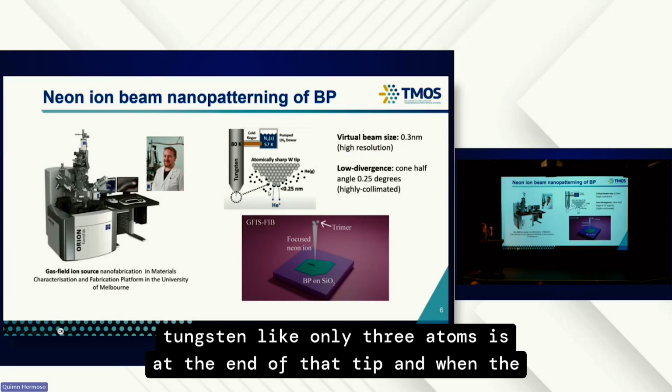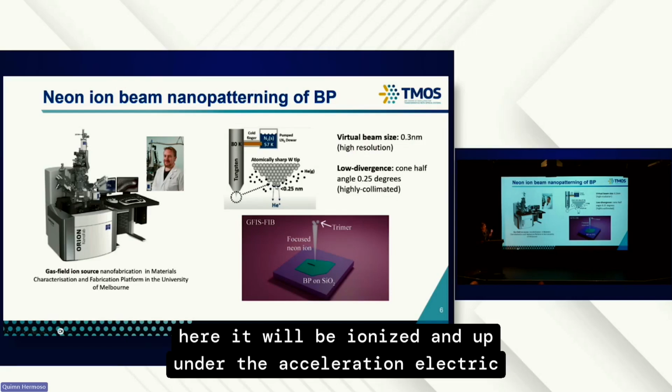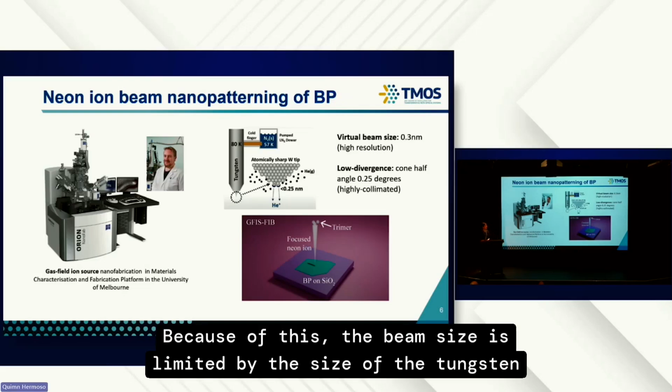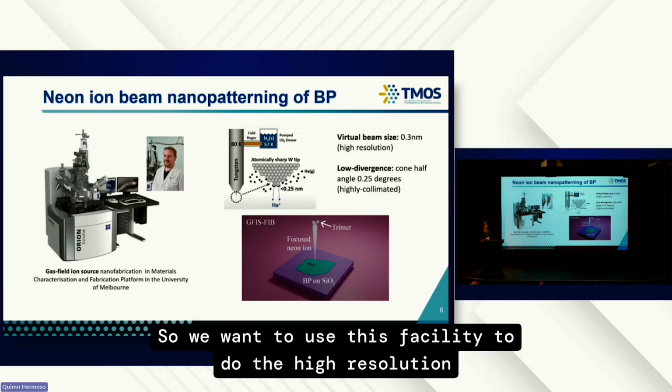When neon or helium atoms surround these 3 atoms, they are ionized, and under the acceleration electric field, they form a stable ion beam, which can be used to pattern our structure. Because of this, the beam size is limited by the size of the tungsten atom, which is below 1 nanometer, and the divergence is pretty low after collimation. So we want to use this facility to do high-resolution nanopatterning.